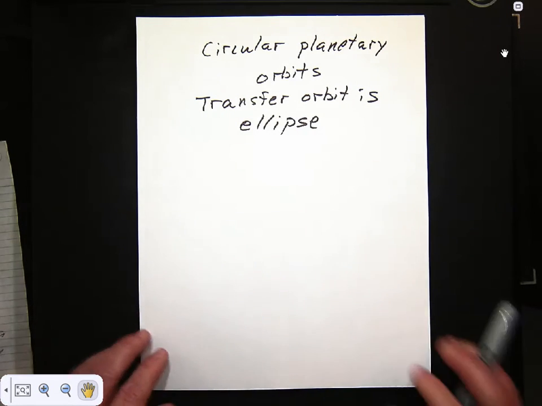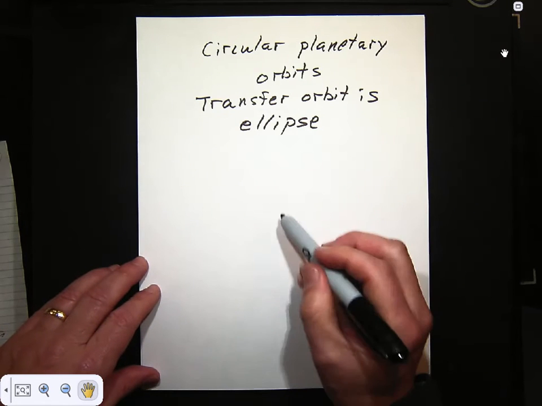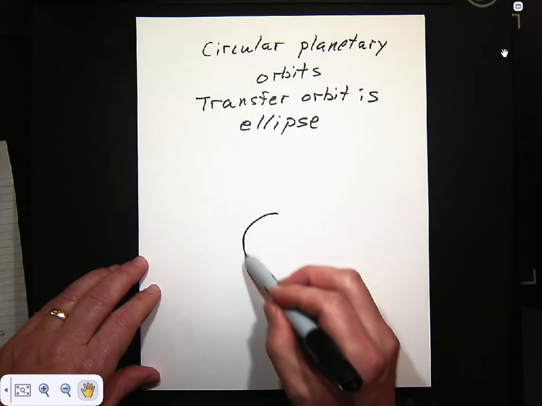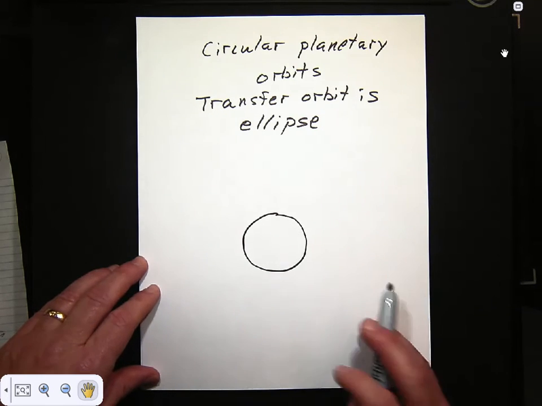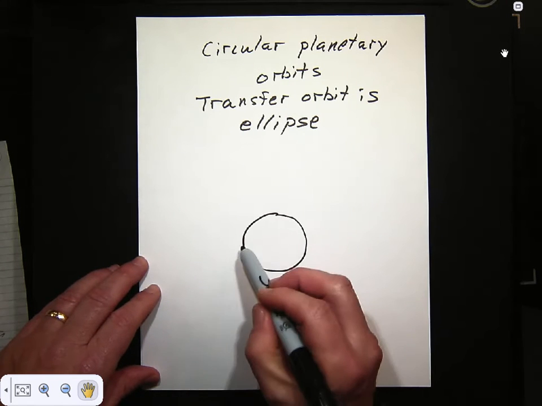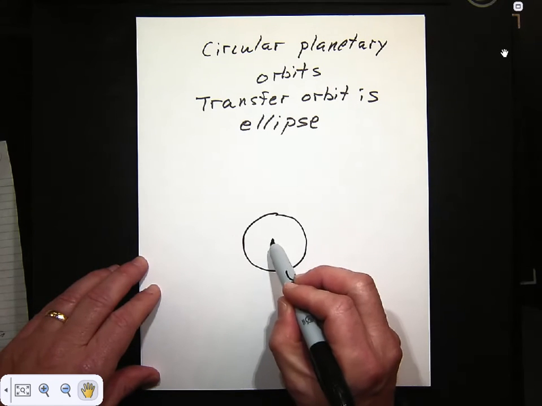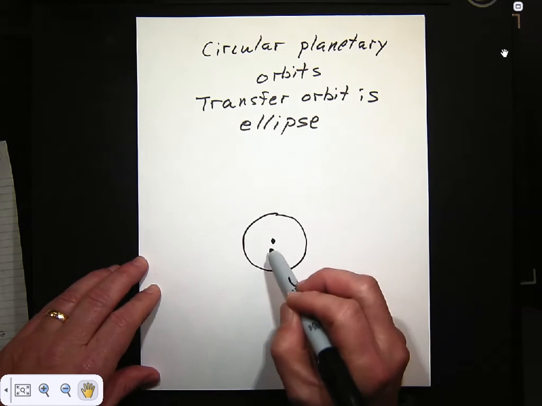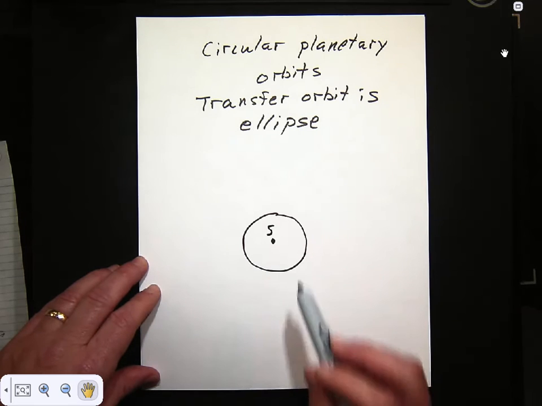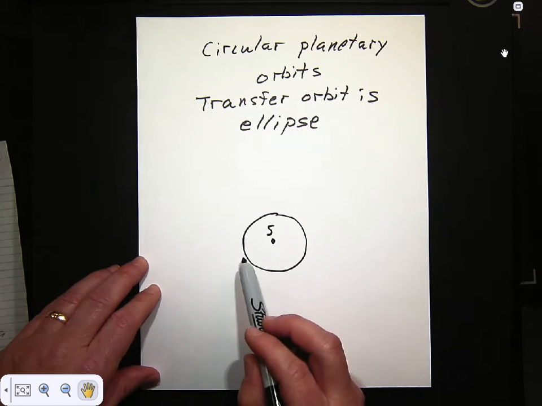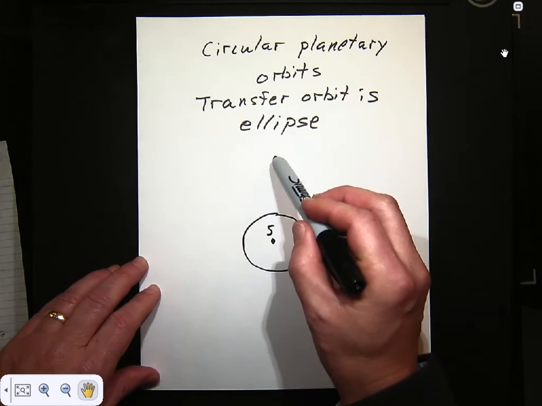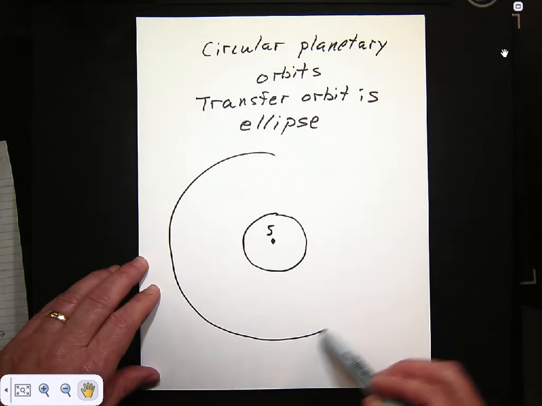So let's get a picture. Imagine that we have the orbit for a planet. Let's just say it's the Earth. We're going around the sun. And we want to go from the Earth's orbit to some outer orbit. Draw a big circle for that.